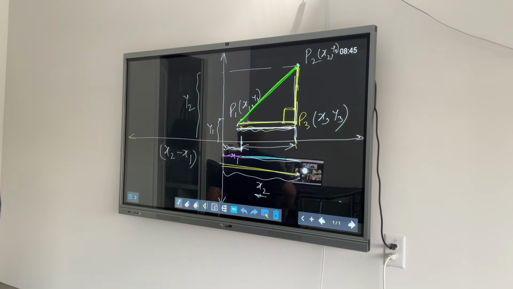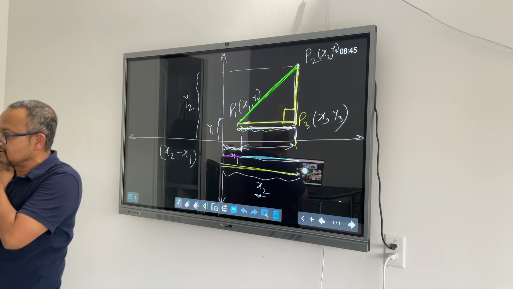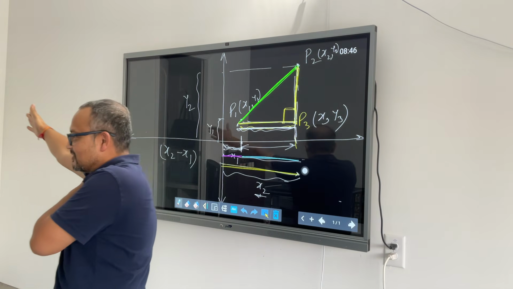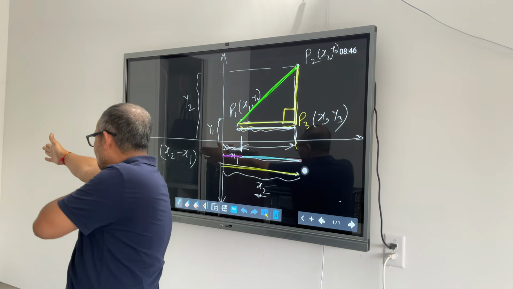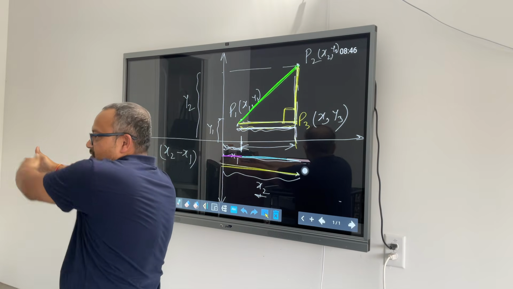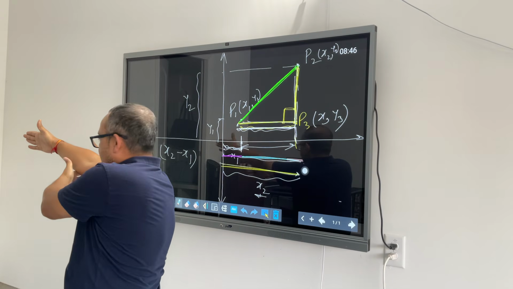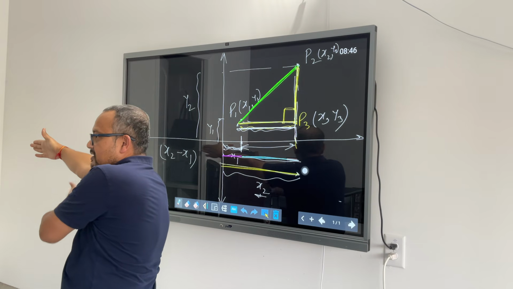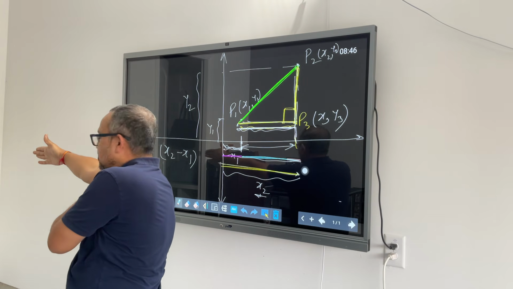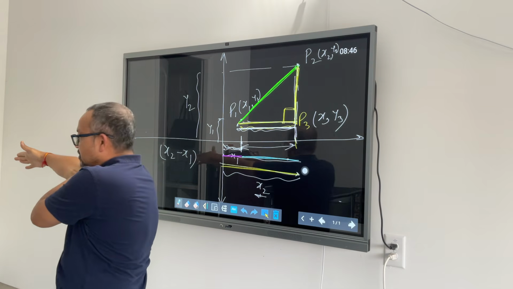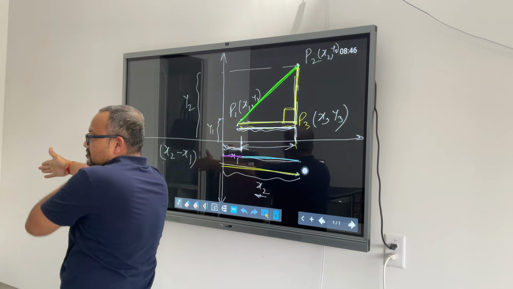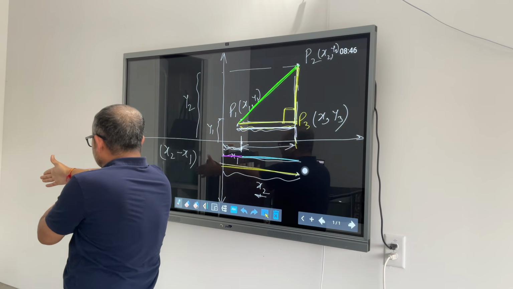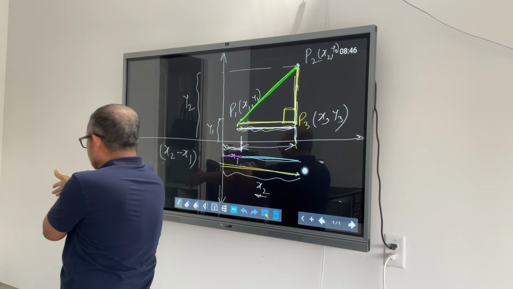Okay, now let me break my hand into 2 pieces. This is my hand. From here to here is x2, full hand. From here to here is x1. This distance is x1. This whole thing is x2. If I am trying to find out this length, that will be the whole length minus this length.